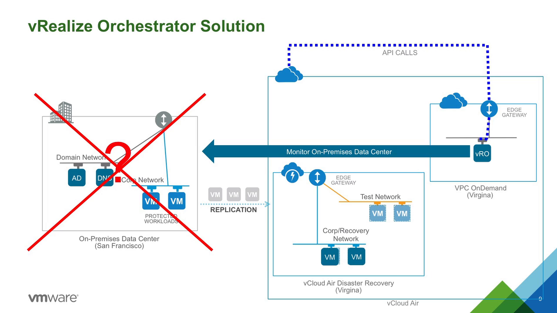So it'll go out and it'll do API calls to vCloud Air, and then it'll convert those virtual machines to failed over virtual machines and power them on. So we've fully automated our disaster recovery solution here by leveraging the vRealize Orchestrator plugin. So this allows us to automate that solution, create our startup groups and our recovery options, and build out a fully automated end-to-end solution.